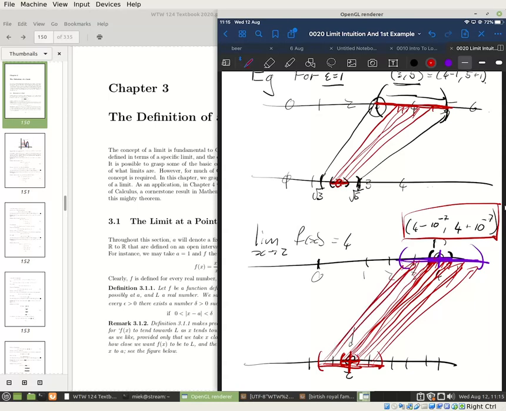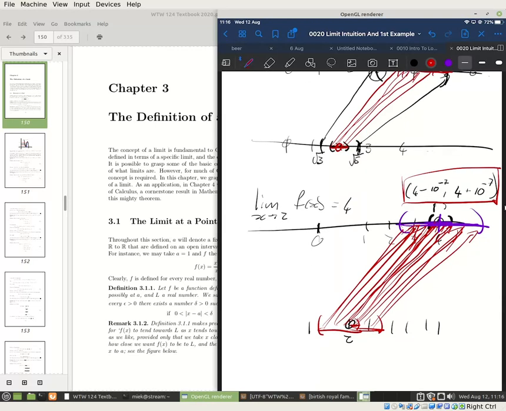There's no element here that maps outside of that interval. That should never happen. If that happens, then the limit does not exist. So everything in this interval should map into the given interval.